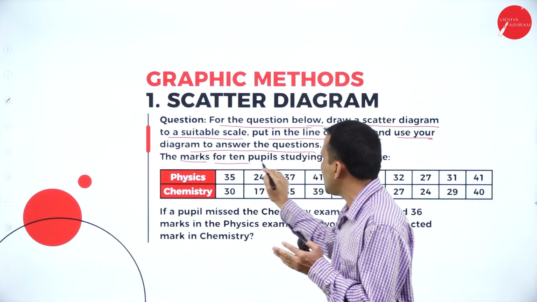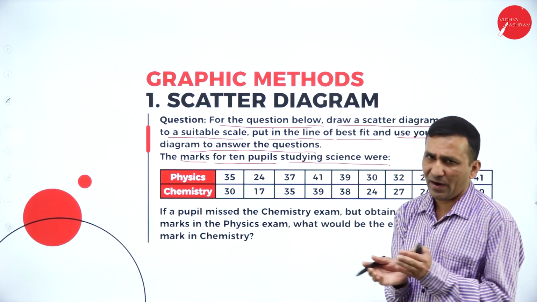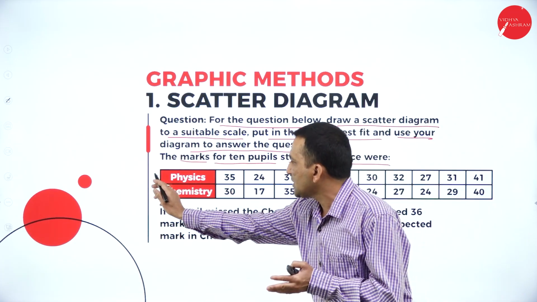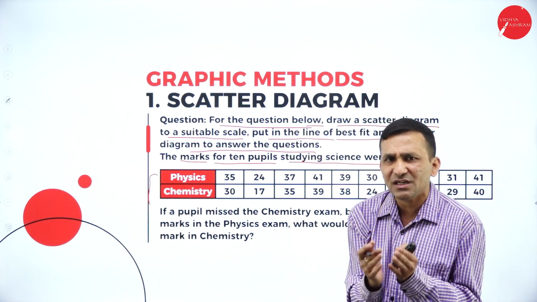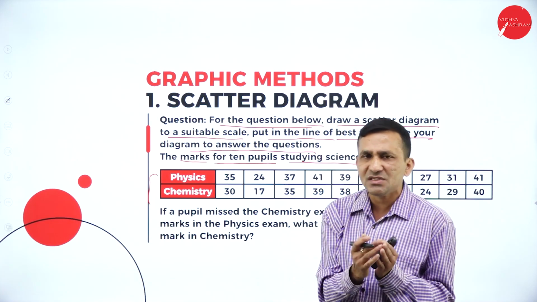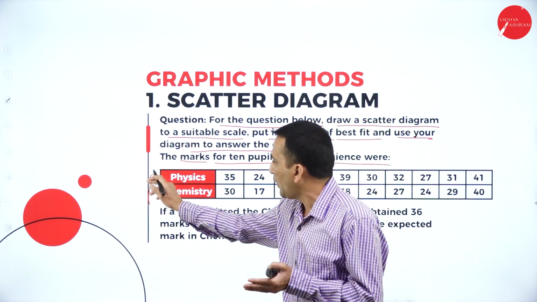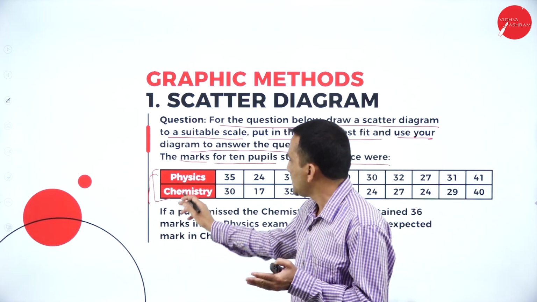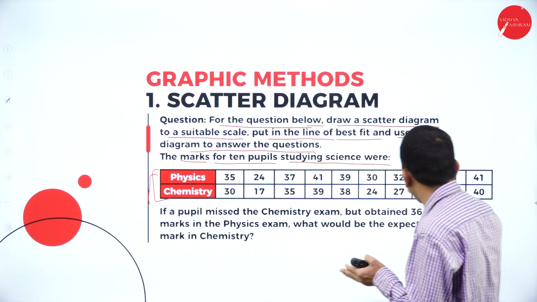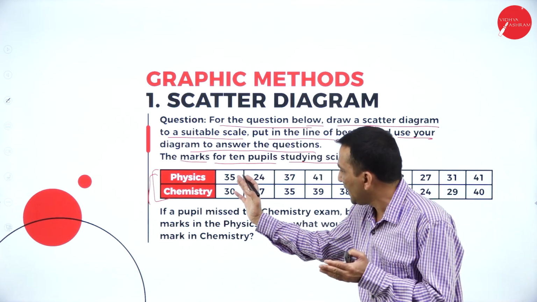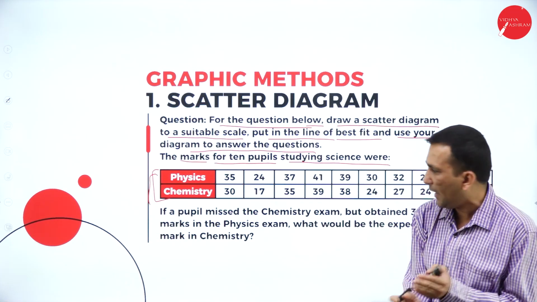The marks for the people studying science were given. Here there are two major subjects, physics and chemistry, and the values are also given. Seeing the values, we can decide the scale.